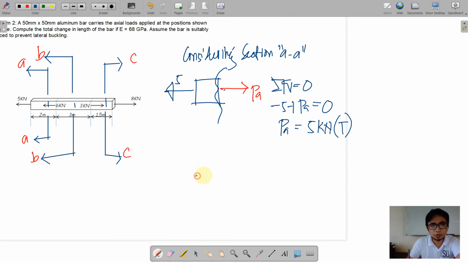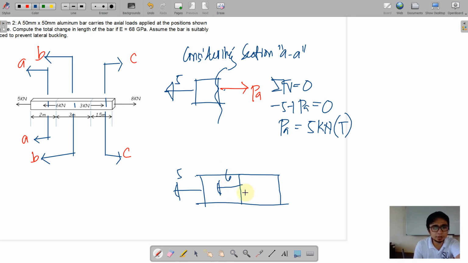Moving on to section BB, considering the left portion. So first we have here a leftward 5. So on this section we also have a force of 6.